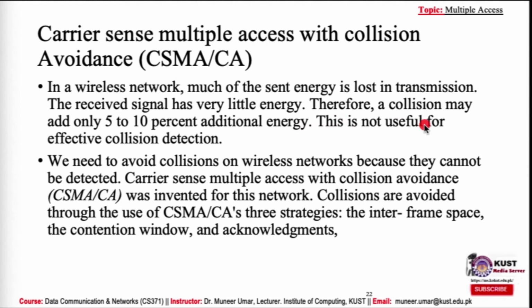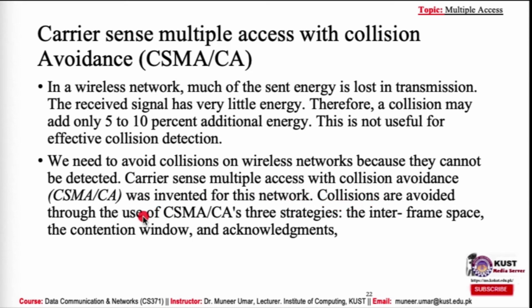So this is not useful for effective collision detection. We need to avoid collisions on wireless networks because they cannot be detected due to the lost energy. The carrier sense multiple access with collision avoidance, CSMA/CA, was invented for this type of network, for wireless networks.